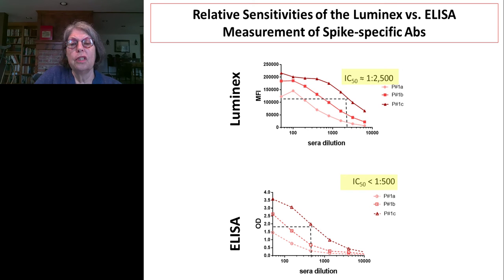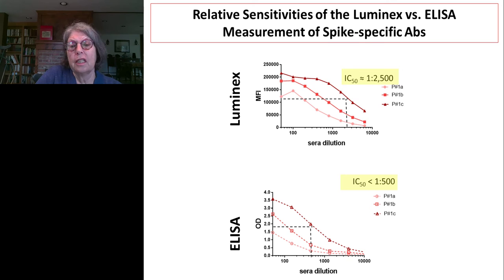What you can see by looking at the 50% half maximal binding value, identified by the dashed lines, is that the half max value or titer that we identify, for instance, in the 15-day sample by Luminex is 1 to 2,500, whereas the same specimen in ELISA has a half maximal value of less than 1 to 500.